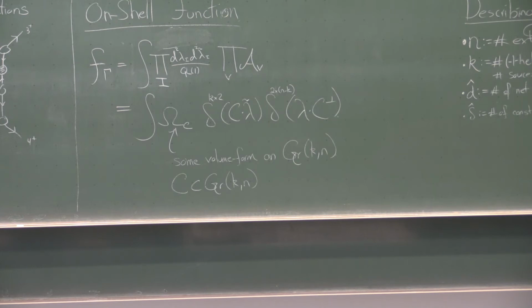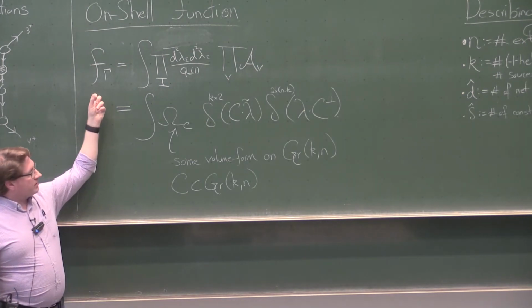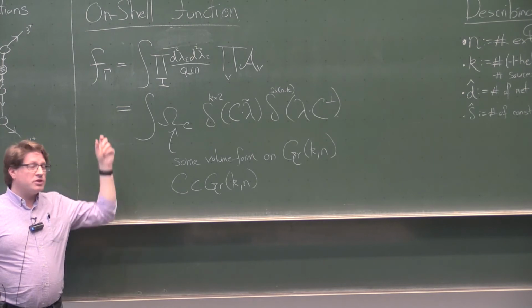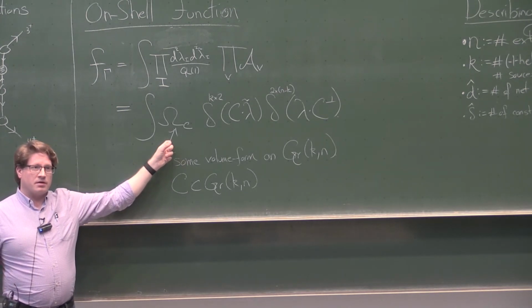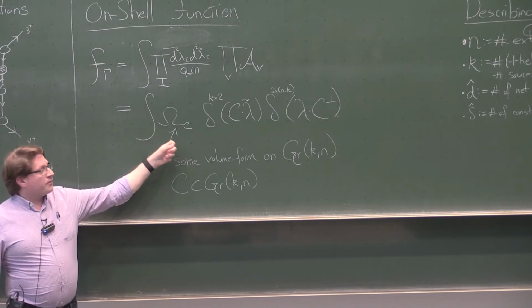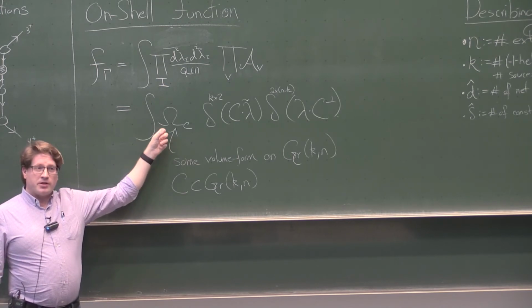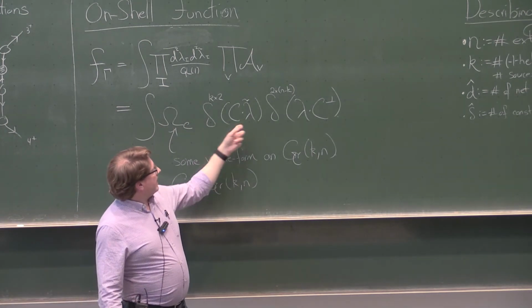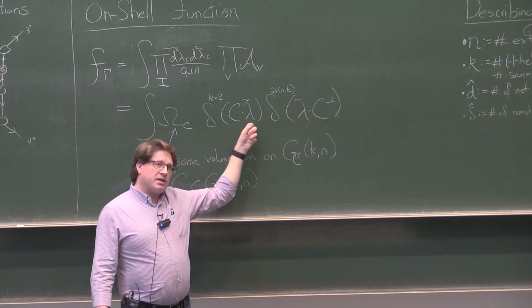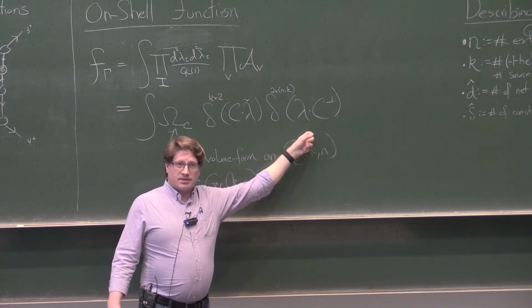But it's a nice place where you can understand relations among on-shell functions as geometric relations inside this space. Homological identities here. Also, diffeomorphisms that preserve the volume. A volume-preserving diffeomorphism here can be recast through these delta functions as active transformations on lambdas and lambda tildes.